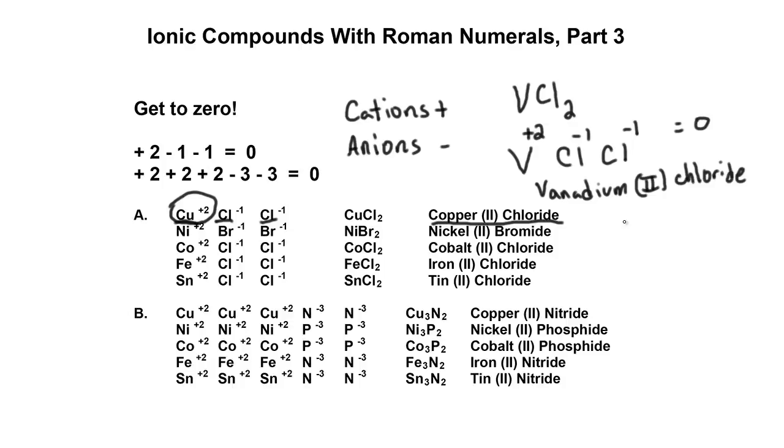But then you might say, hey, in that periodic table of ions that I have, vanadium has a +3 and vanadium has a +5. I don't see +2 on my chart. Well, that's the thing. This chart, this periodic table of ions, is not a complete chart. It's just something to help get you going.